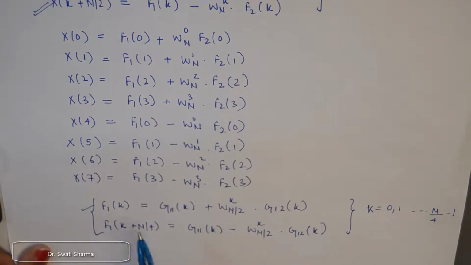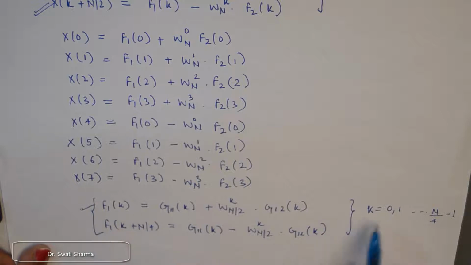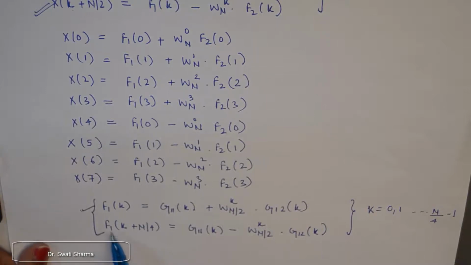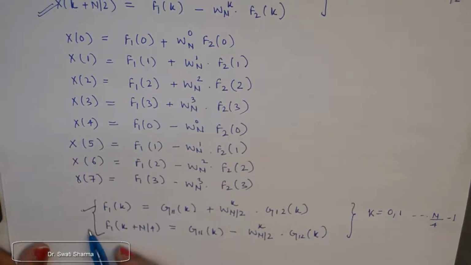Now the first two sample values are obtained from this equation by putting k equal to 0 and 1, and the next two sample values, that is f1 of 2 and f1 of 3, we shall obtain from this equation by again putting k equal to 0 and 1.